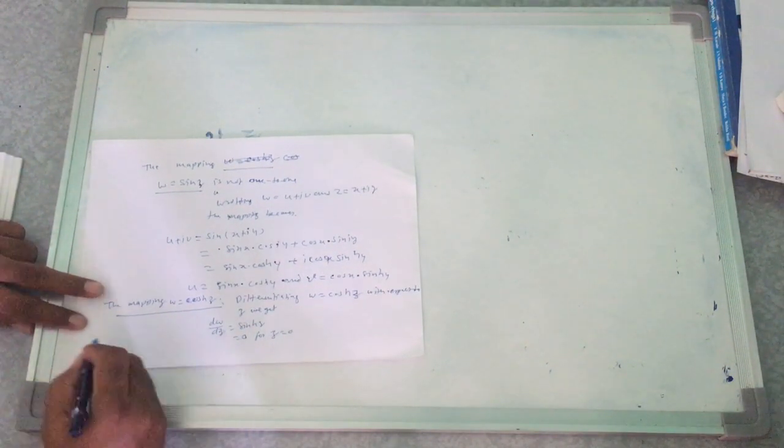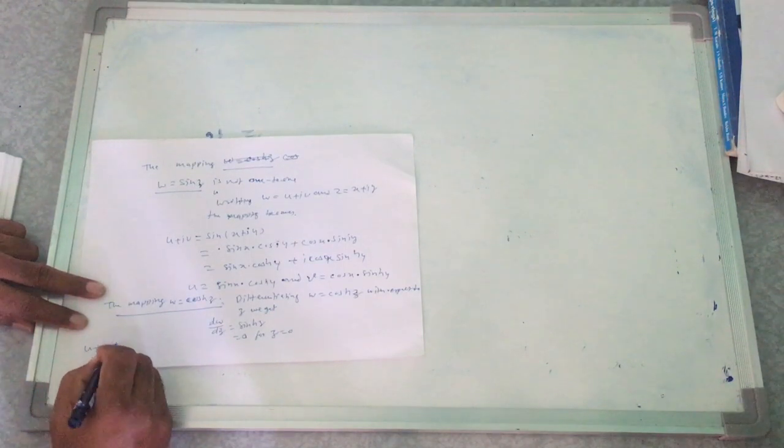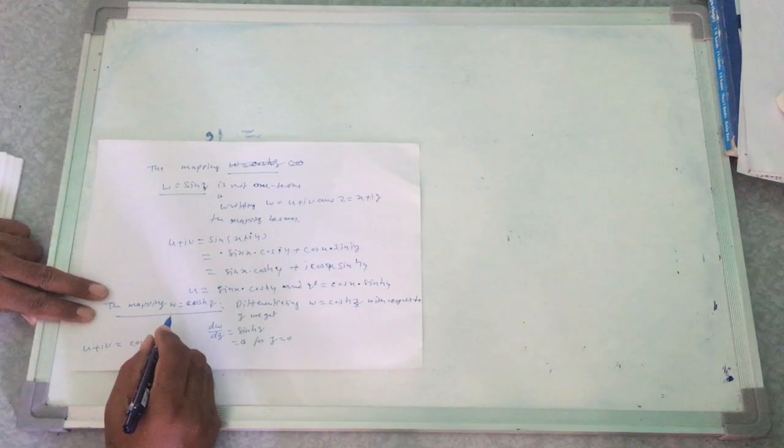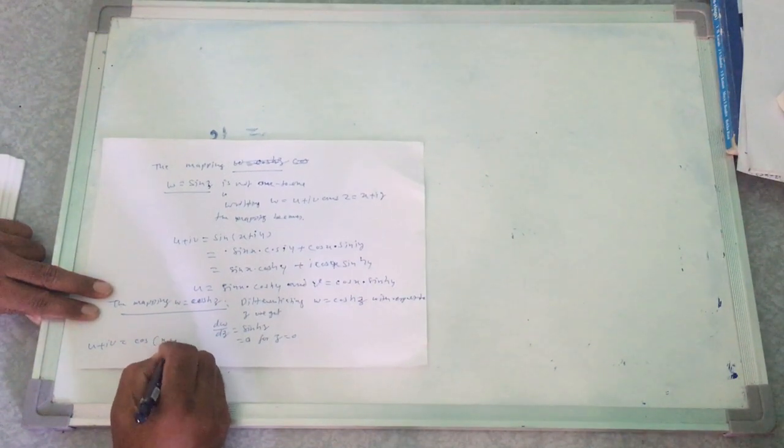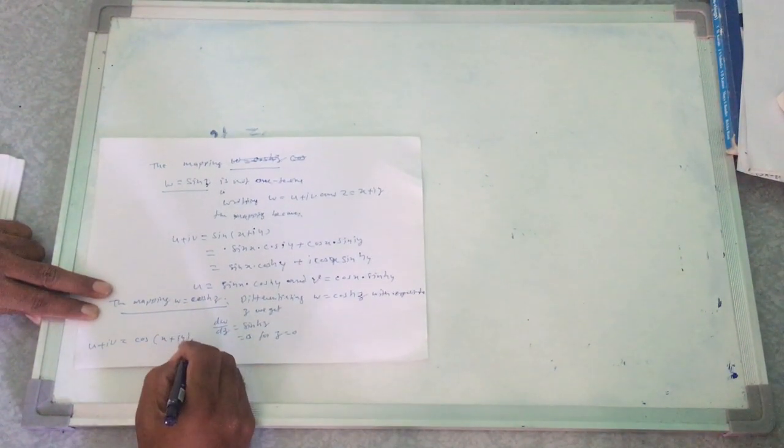Rewriting the mapping, u + iv = cosh(x + iy).